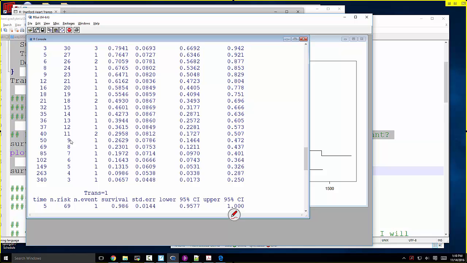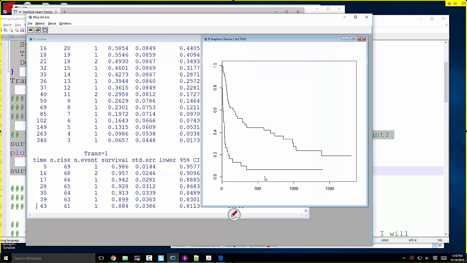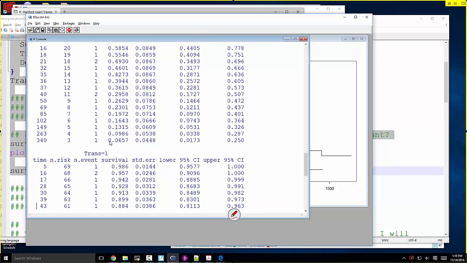Time 340, they had an estimated survival of about 0.06. So those who did not get a transplant have much worse survival prognosis in this example. I figured that out by just looking at the biggest event time for the non-transplant people. The last event was at time 340, and at that time the survival probability dropped down to 0.07.